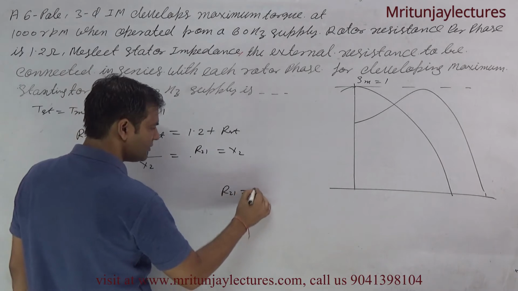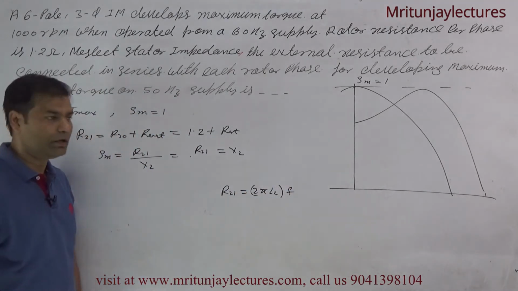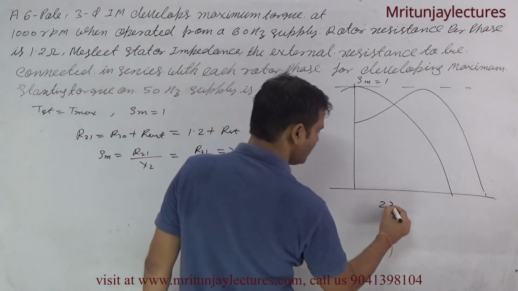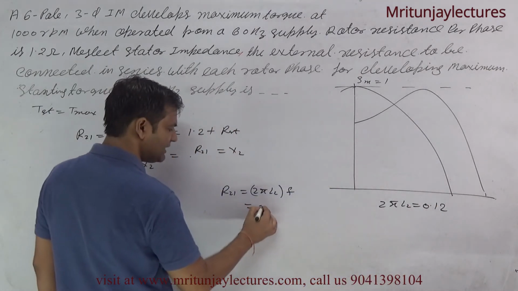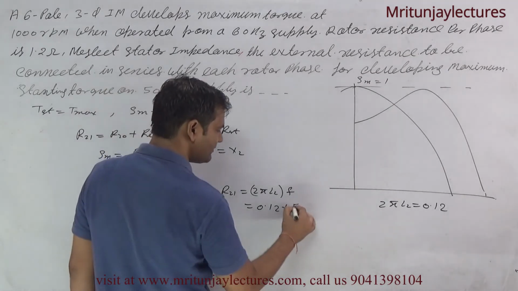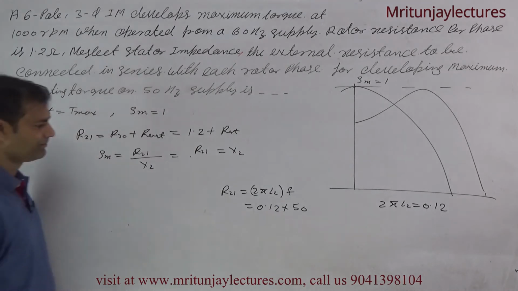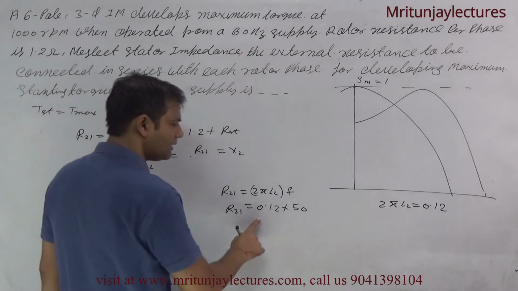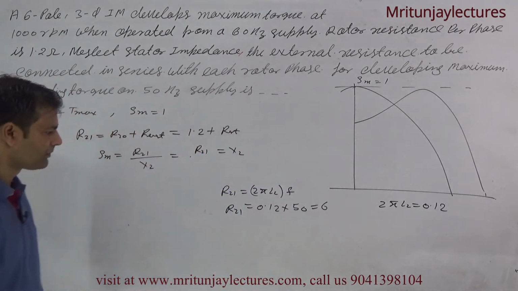So R21 will be equal to 2 pi L2 into F. I have already determined 2 pi L2 equal to 0.12, and F is 50 Hz. So R21 will be equal to 6, that is 6 ohm.